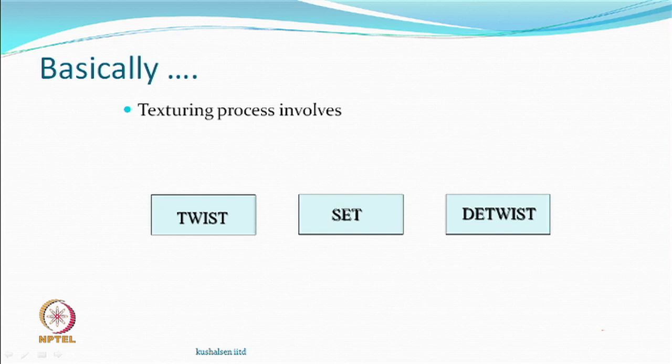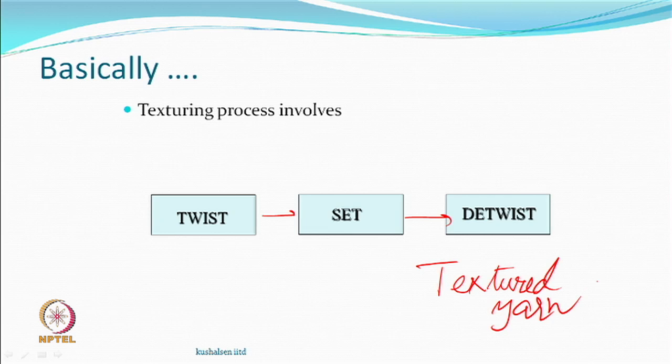So, this process which we are now calling twist texturing, obviously you do some twisting and then some setting and then detwist, and we believe that at the end of the day we should have a textured yarn which has a helical structure and has bulk and stretch.